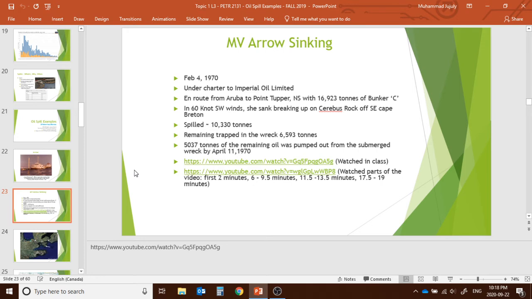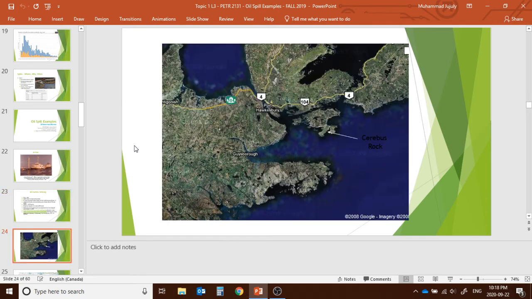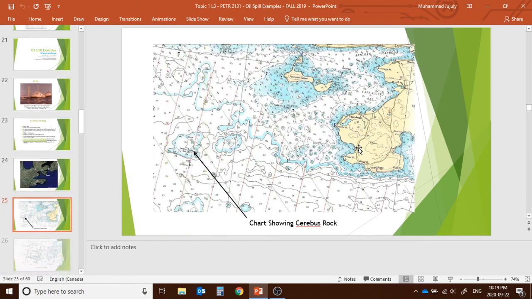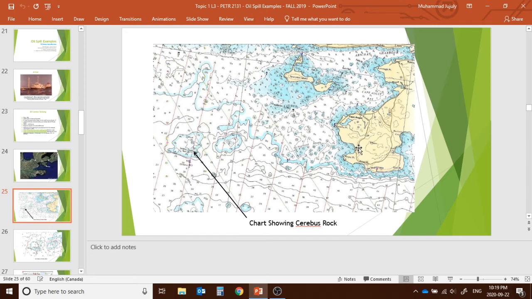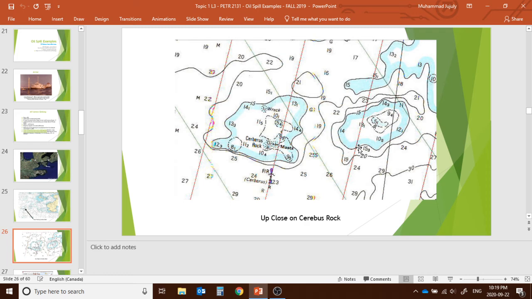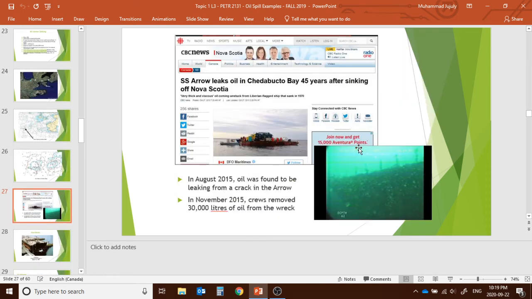If you see these videos, you will have more information. This is Port Hawkesbury, this is Cerberus Rock, that area. It happened in Cape Breton. Here is a chart showing Cerberus Rock, close up. Still, we have a report from 2015 on the SS Arrow.